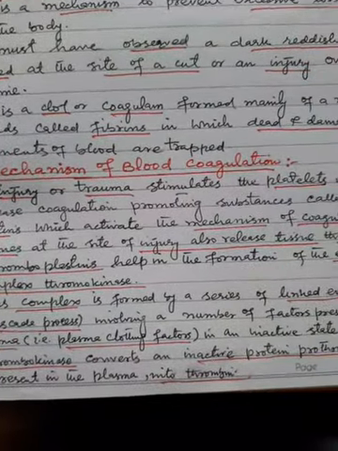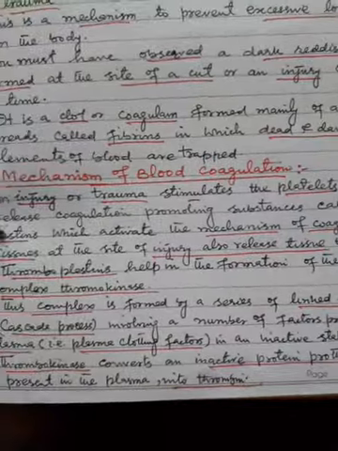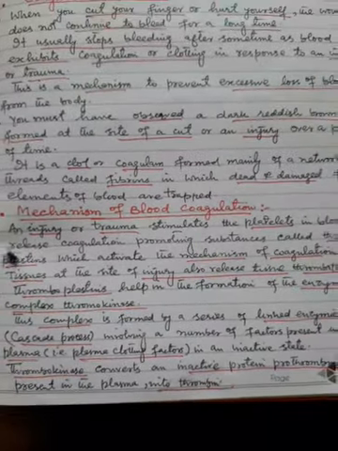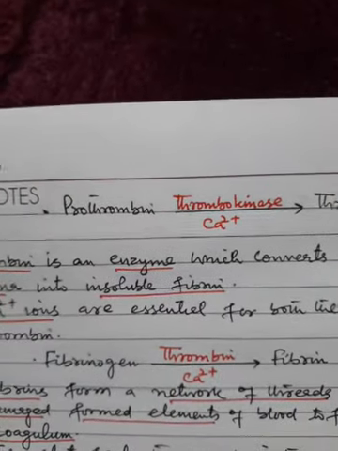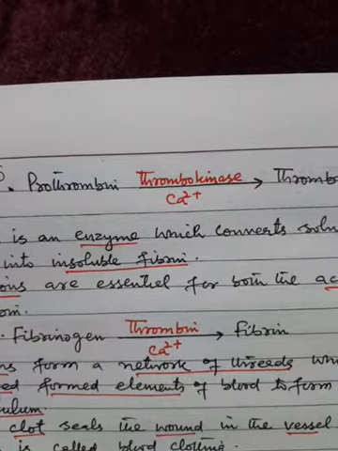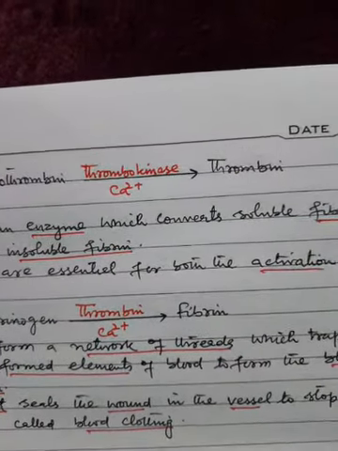Thrombokinase converts an inactive protein prothrombin present in the plasma into thrombin. Prothrombin, in presence of thrombokinase and calcium ions, changes into thrombin.